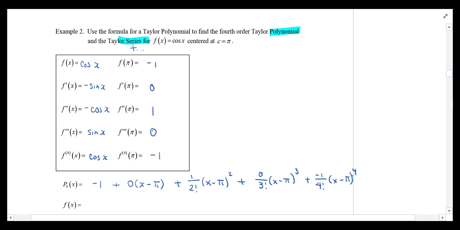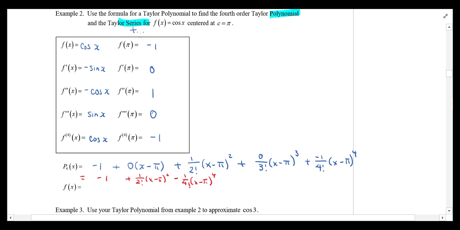And you may be thinking, well, why did you put those zeros there? Right, I didn't actually need those zeros there, so you could have just simplified this to negative 1 plus 1 over 2 factorial, x minus pi all squared, and then minus 1 over 4 factorial, x minus pi to the power of 4. Okay. Now, for the Taylor polynomial, you stop here. Done.